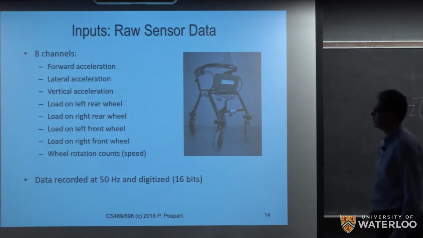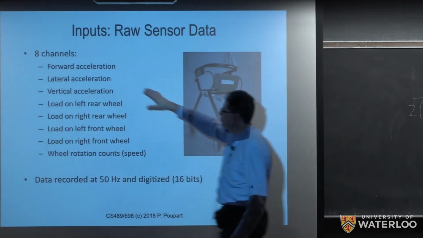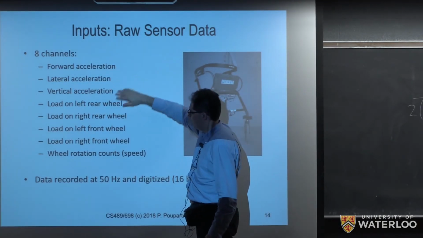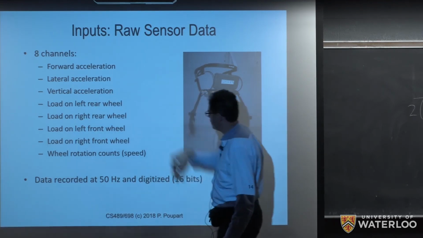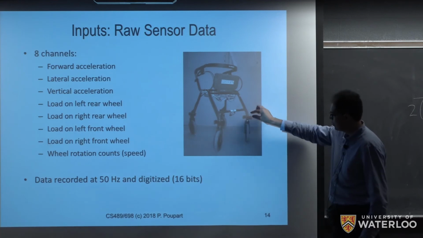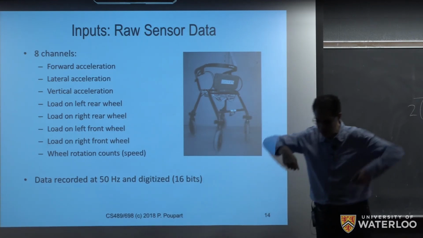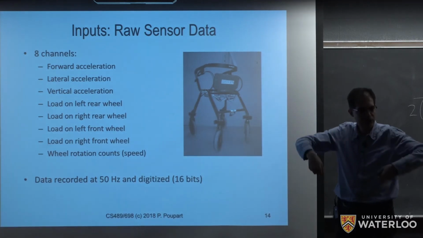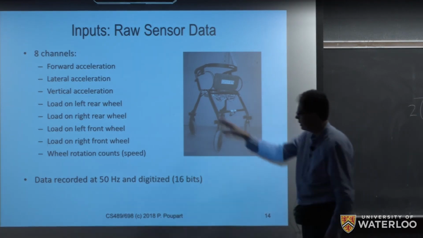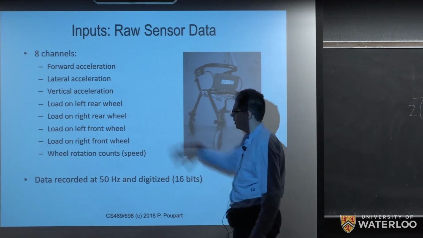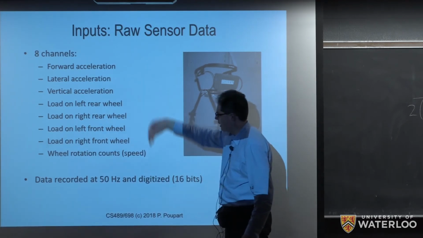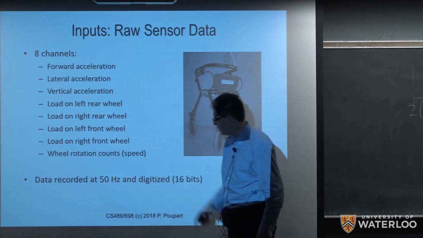And then in particular, the measurements that we used were based on some accelerometers. So we had the forward, lateral, and vertical acceleration. We also had some load sensors. So all the legs here were modified to measure how much downward pressure the person is exerting on the walker. And then we had a wheel rotation counter. So all of that was being sampled at 50 Hertz.